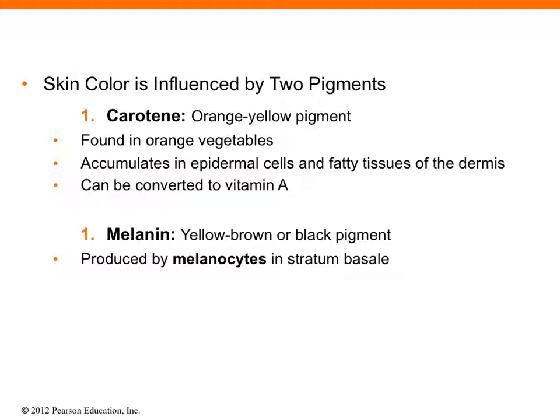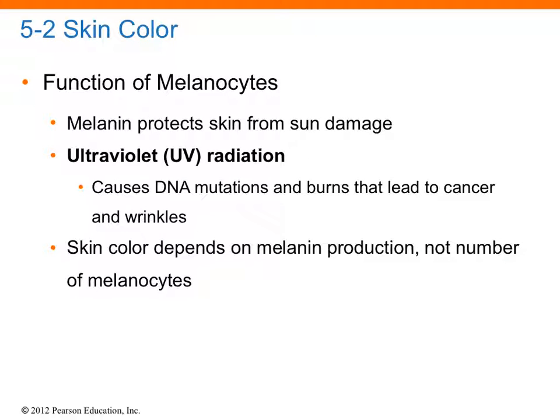Skin color is influenced by 2 pigments. Carotene, it's an orange-yellow pigment found in the orange vegetables and can be converted to vitamin A, and then melanin. It's a yellow-brown or black pigment produced by the melanocytes in the stratum basale.